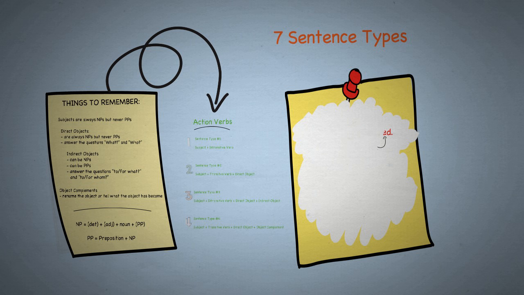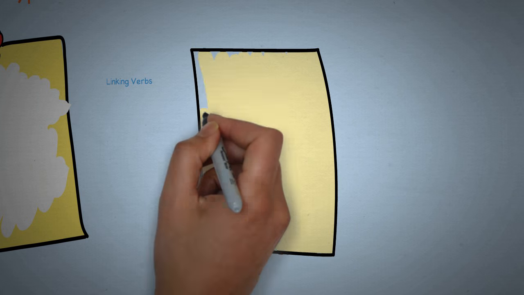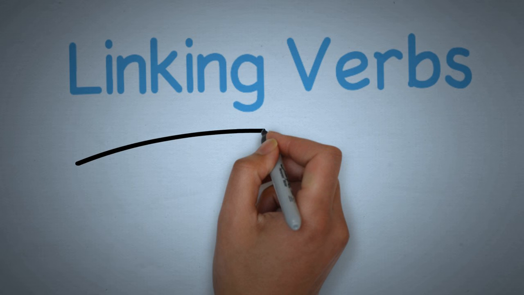We have now looked at the 4 sentence structures that pertain to action verbs. But remember that we're looking for 7 sentence types, which means that there are a remaining 3 that do not pertain to action verbs. These 3 sentence types pertain to linking verbs.